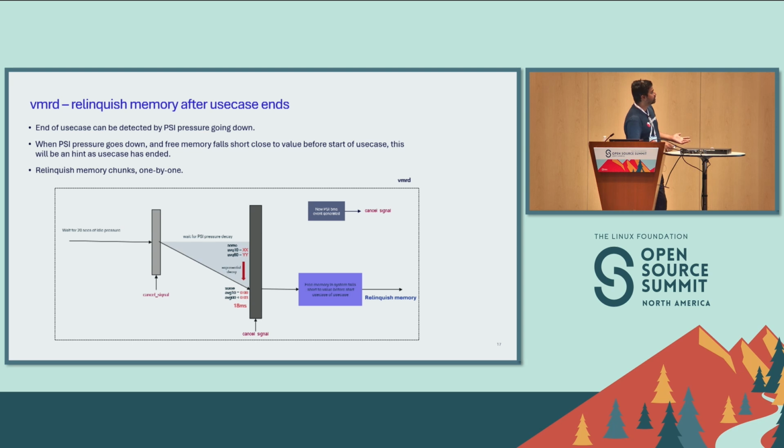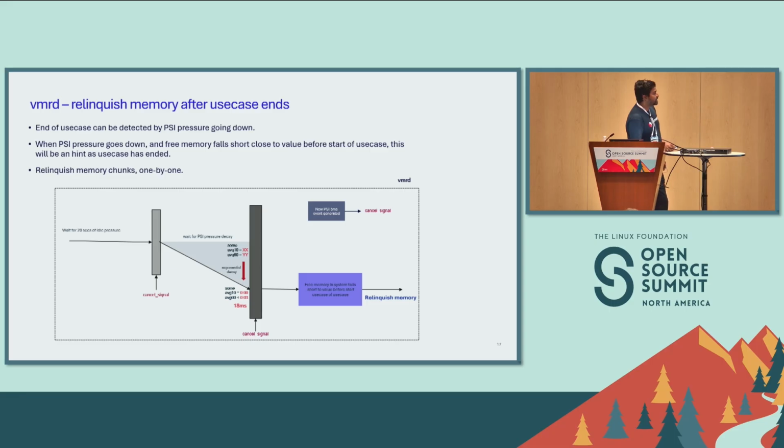So basically, there's idle pressure, there's no PSI event, you wait for a certain amount of time, for example, let's say 20 seconds, and then you wait for these averages to decay down. This is an extra layer saying that the pressure is going in a downward trajectory, meaning there are no memory-intensive tasks running.